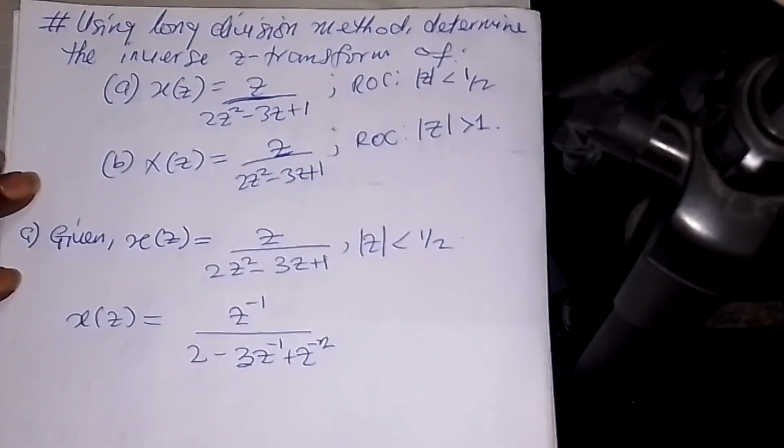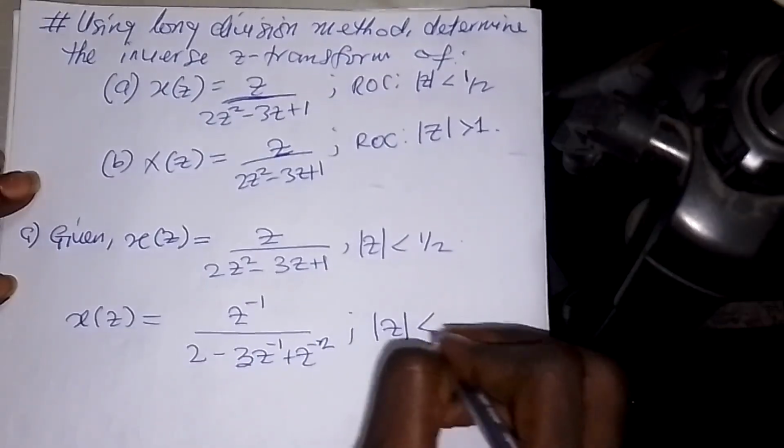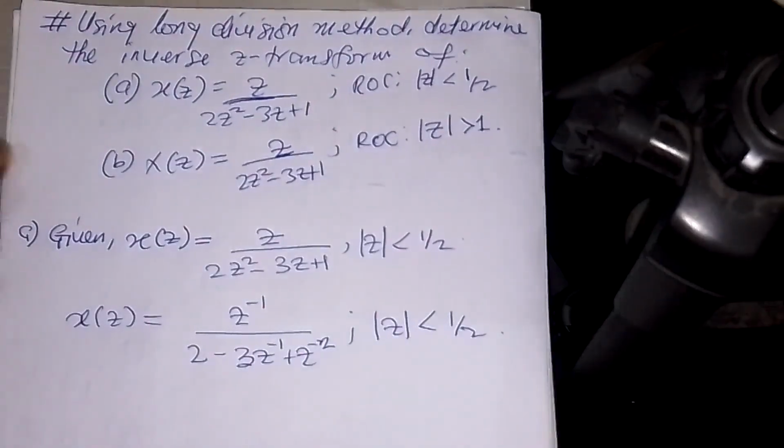And then what is the ROC here? The ROC here is such that |z| is less than 1 over 2.